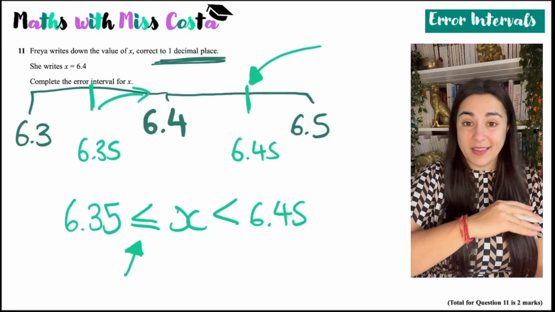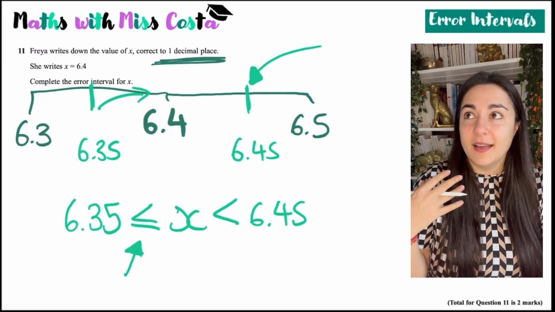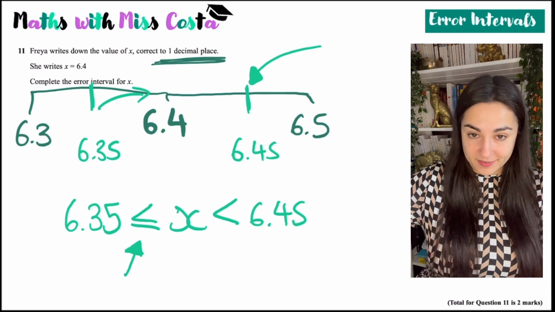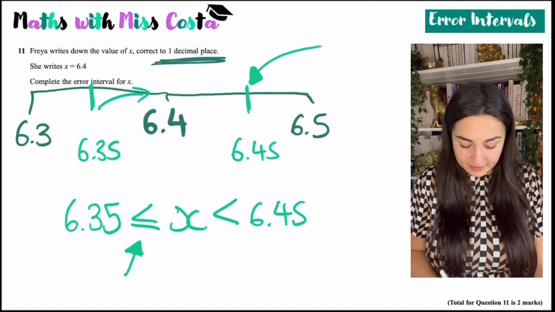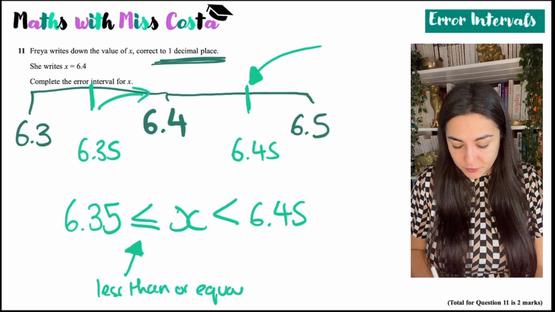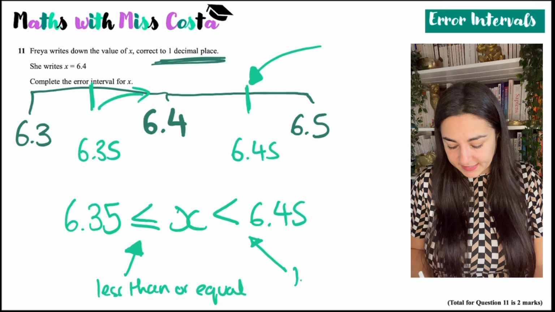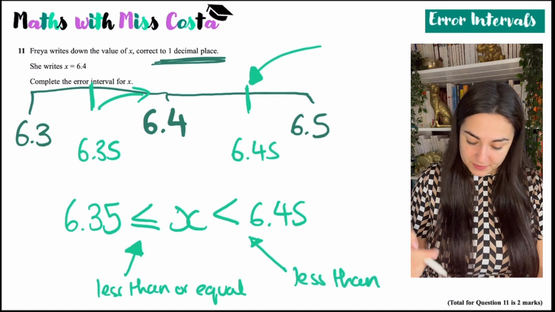But it could be anything up to this value. So it could be 6.4999999 going on until infinity. Okay, so that's what an error interval is. It captures everything, and it's important. This sign here is going to be less than or equal to, and this one here is just going to be less than, because it can't actually be 6.45, because then it would round up to 6.5.